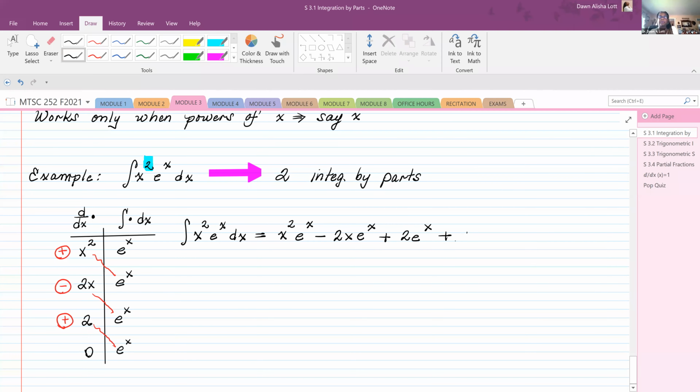The integral of x cubed, the sine of 2x dx is equal to -1/2 x cubed, the cosine of 2x.